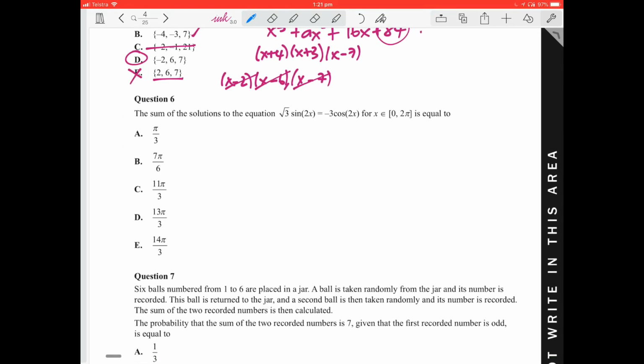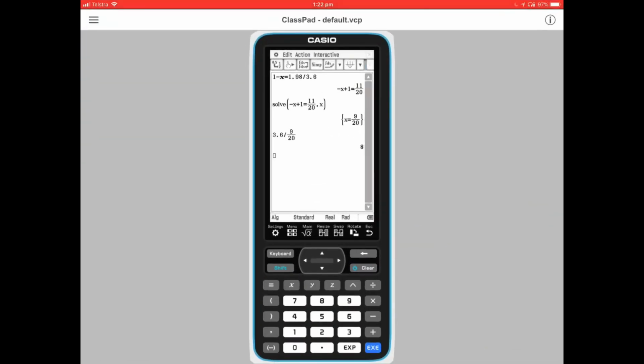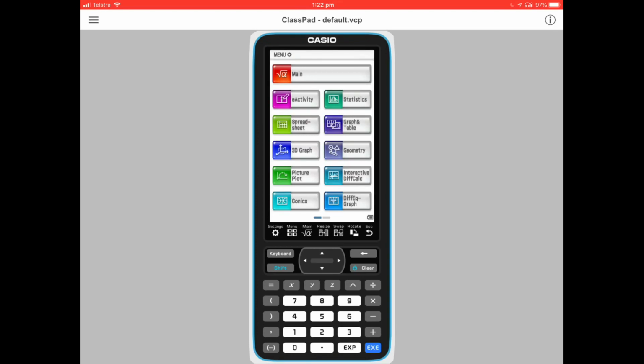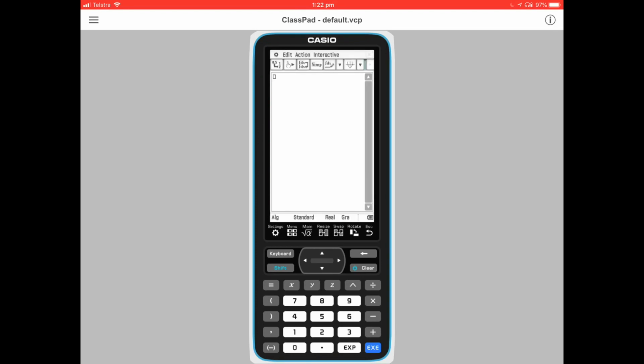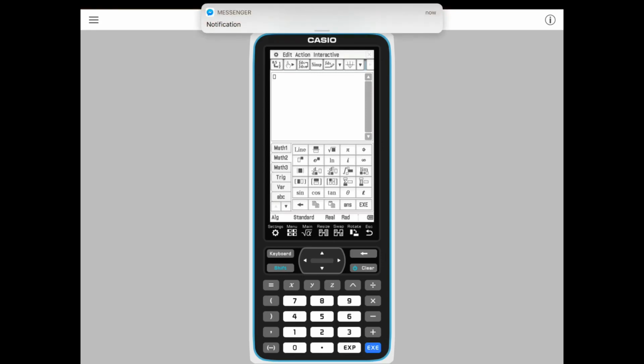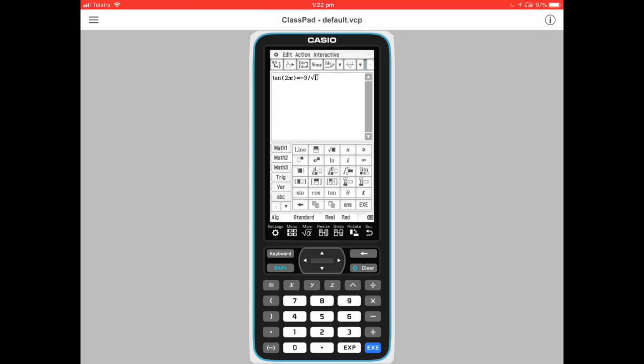Find the sum of the solutions. Okay, I'm going to say this one's much easier to do by cos. So sine 2x on cos 2x equals negative 3 on root 3 between 0 and 2 pi. So tan 2x, make sure it's in radians. Tan 2x equals negative 3 divided by root 3.